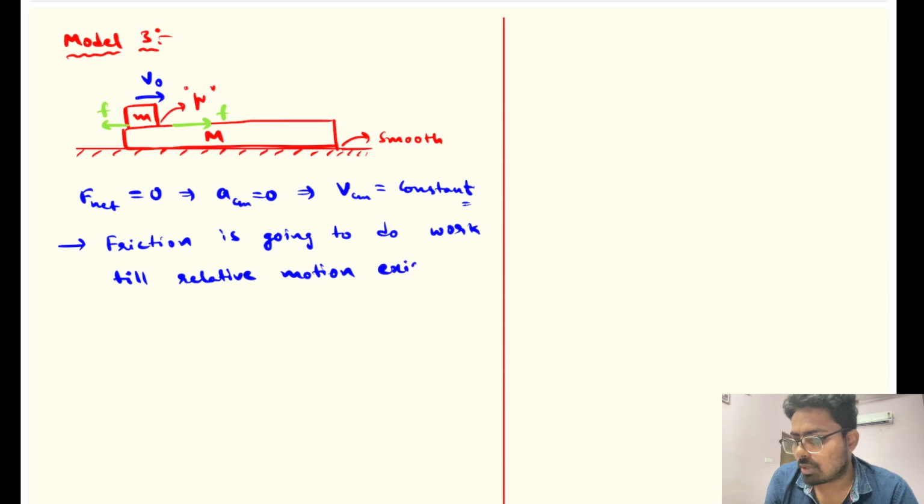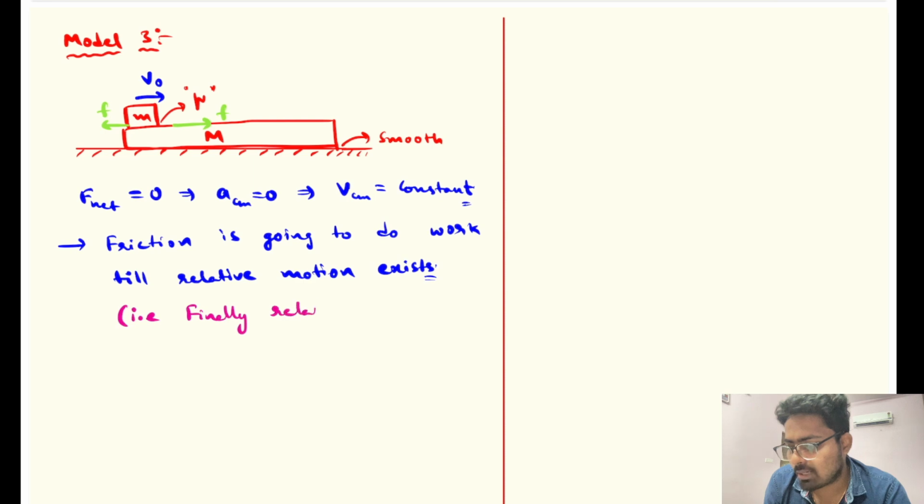Okay sir, that means the work done by the friction will stop after the relative motion is stopped. Friction is going to do work till the relative motion is stopped. That means finally relative velocity will become what? Zero.